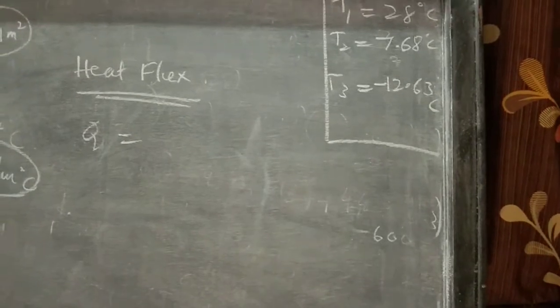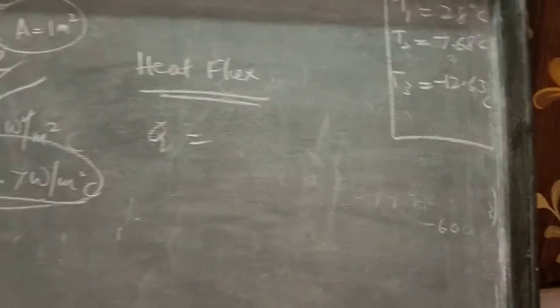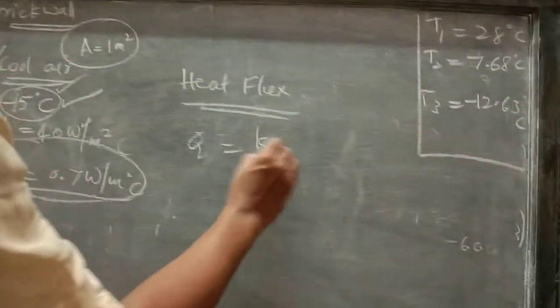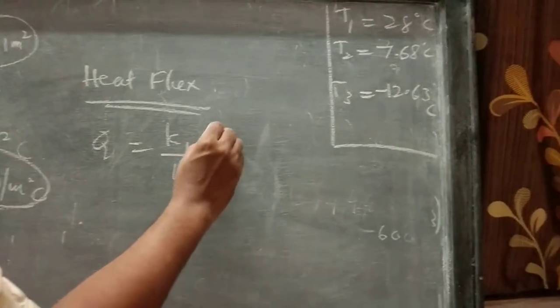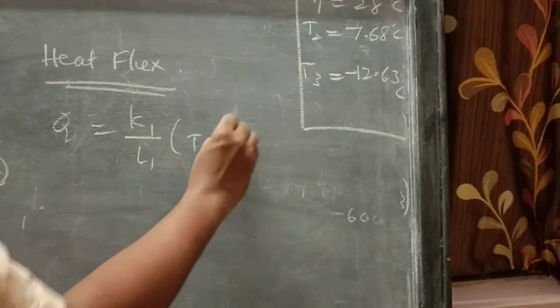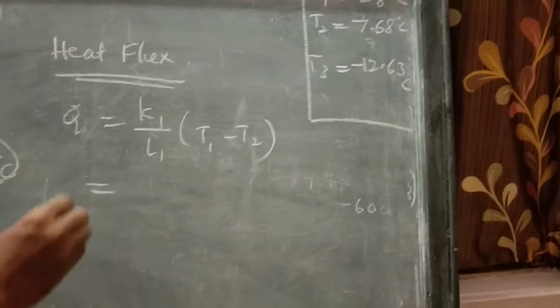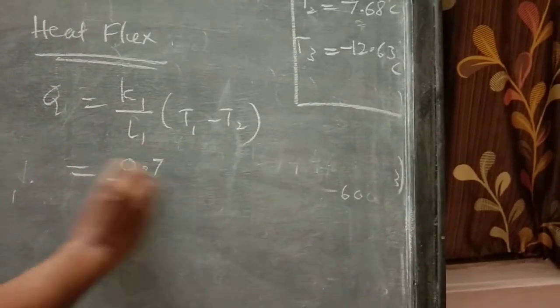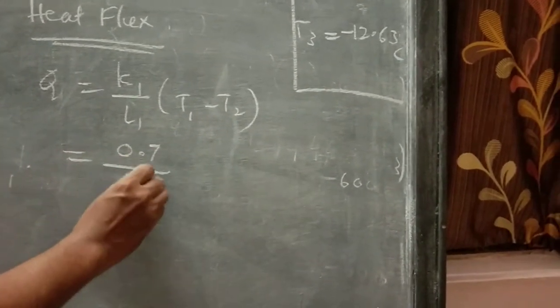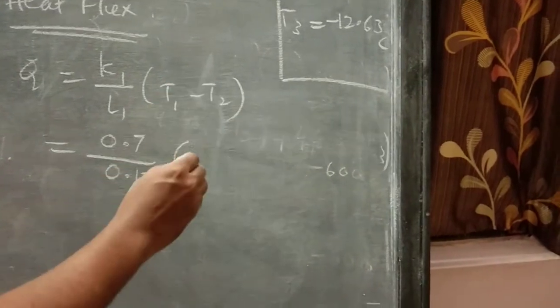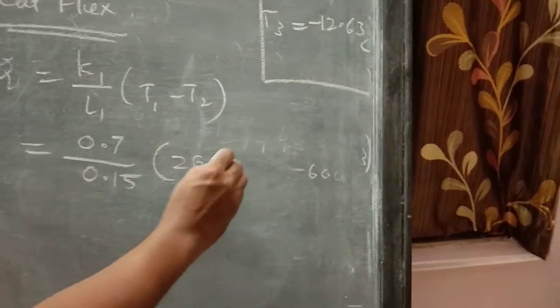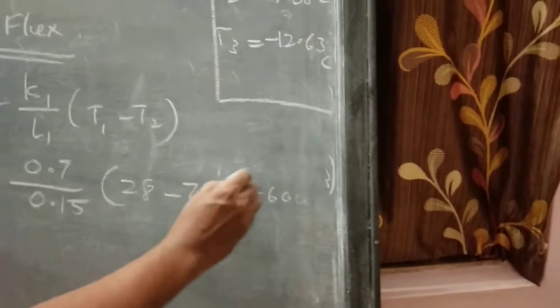If you consider the first element, K1 by L1, that is K dT by dx, into bracket T1 minus T2. What is the K1 value? That is 0.7. L1 value is 0.15, into bracket T1 28 minus T2 7.68.